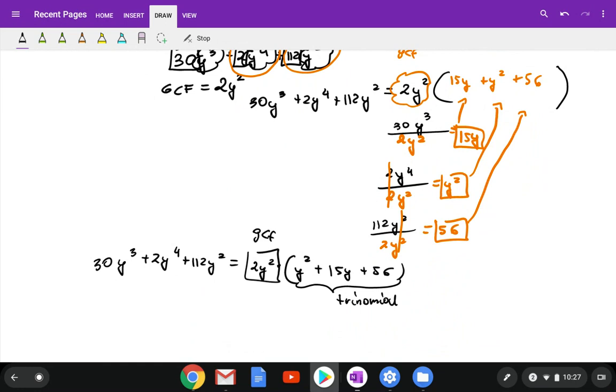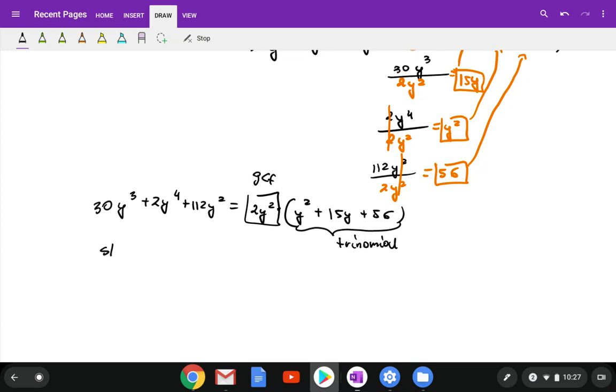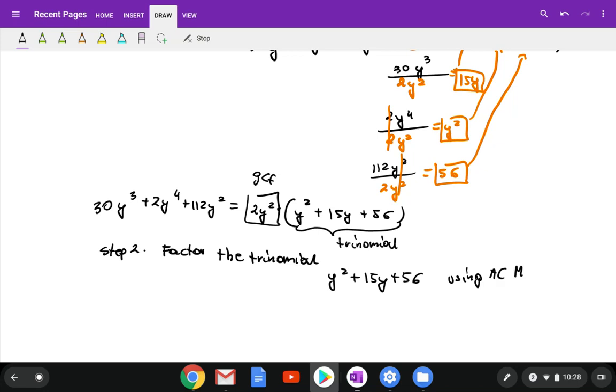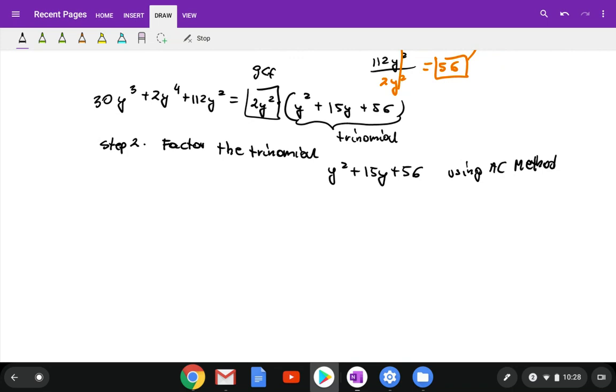Step 2, factor the trinomial which you have in the parenthesis, y squared plus 15y plus 56, again using the AC method. That's the method we're using for factoring. First, we multiply a times c.